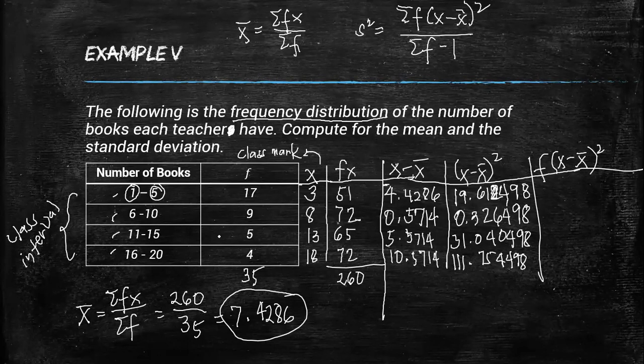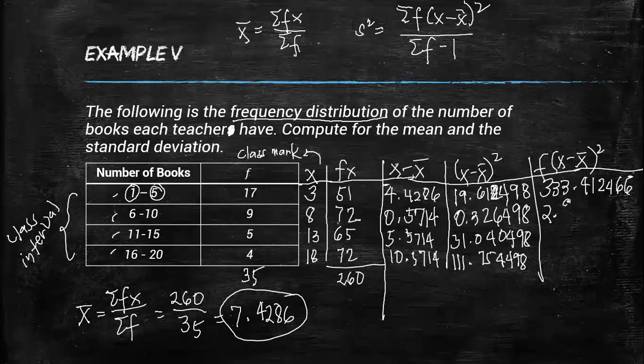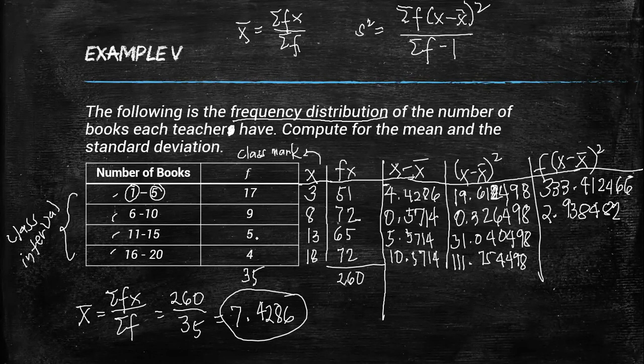19.612498 times 17, that would be 333.412466. Next, we have 0.326498 times 9. Saan yung 9? Sa frequency nga tayo magta-times sa class. So we have 2.938482.